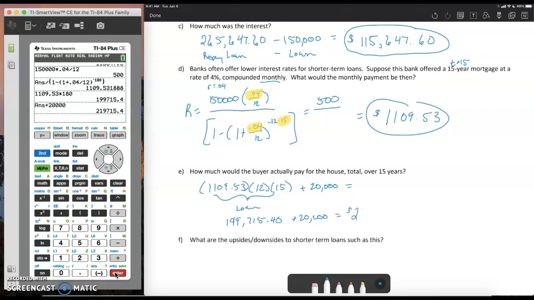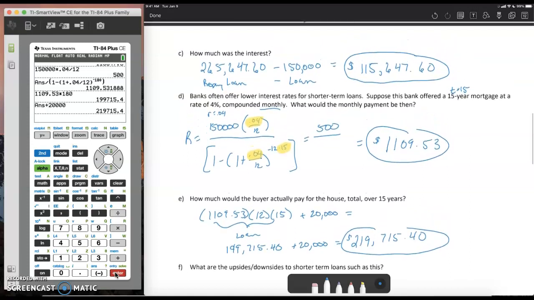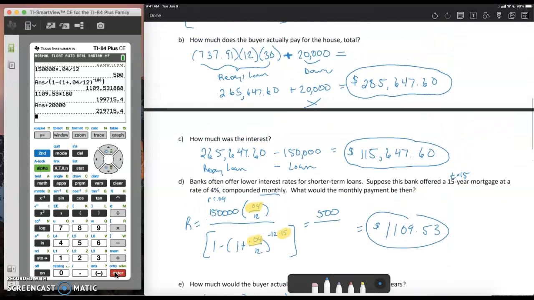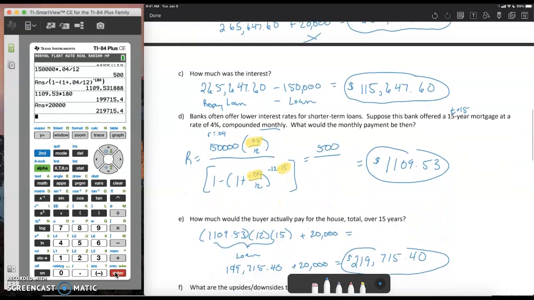So $219,715.40. So if we look at that, in this one they end up paying about $220,000 when the prior loan was $286,000, let's say. So there is a pretty big difference overall between what you pay.